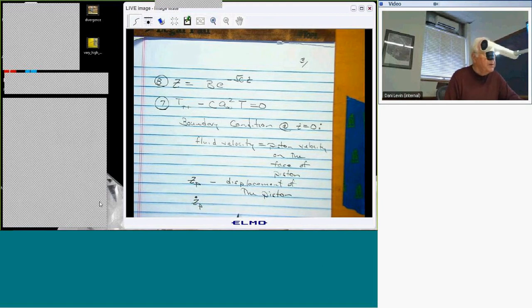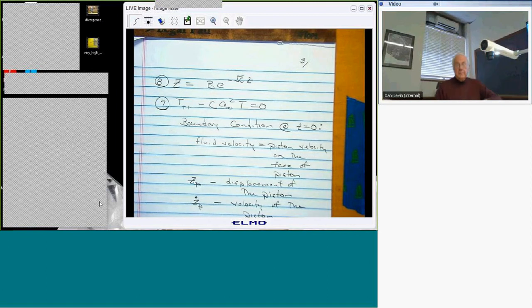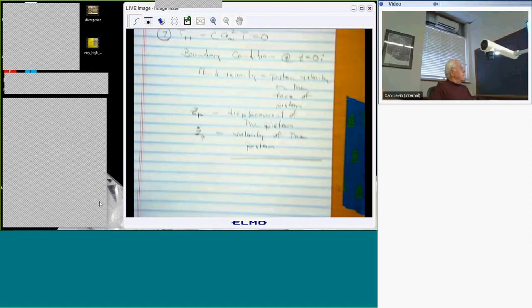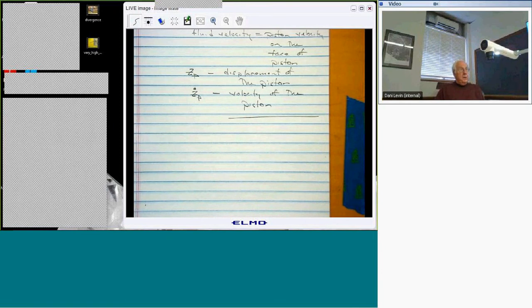Dot means derivative with respect to time. This is the velocity of the piston. Okay. I need the velocity of the fluid, right? And I need to relate that to the pressure.